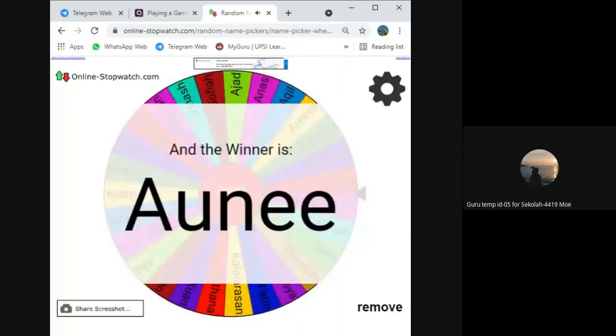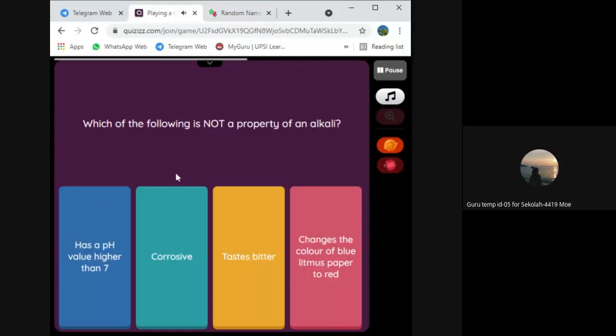Okay, so far everyone answered correctly. Auni? That means you focused during the class just now. If Auni is not here, maybe who wants to volunteer? The question is, which of the following is not a property of an alkali?